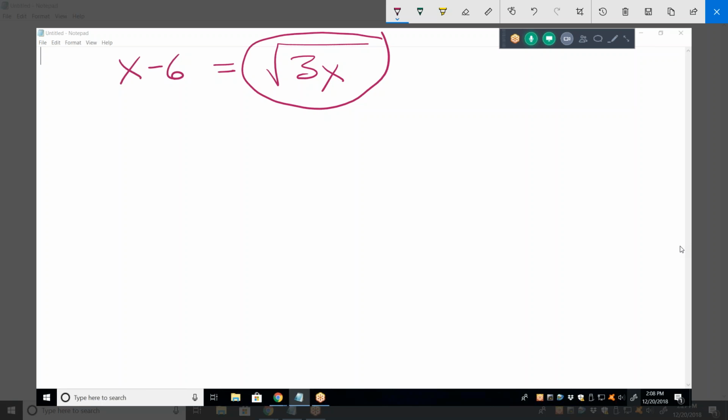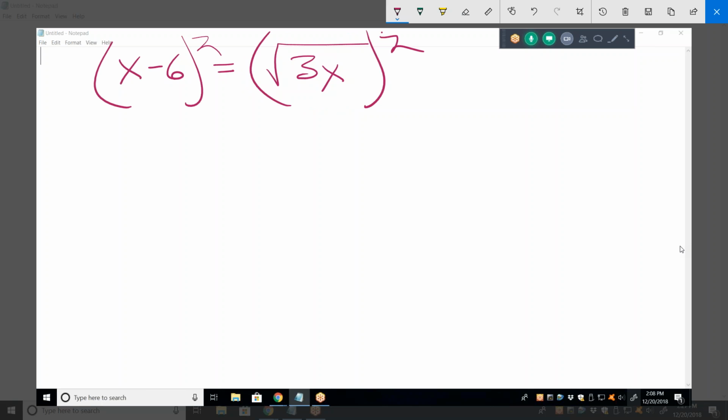Well, we already have it isolated. In other words, I don't want to add 6 because then I wouldn't have it isolated anymore. So I definitely do not want to add 6 to both sides. I want to square both sides.